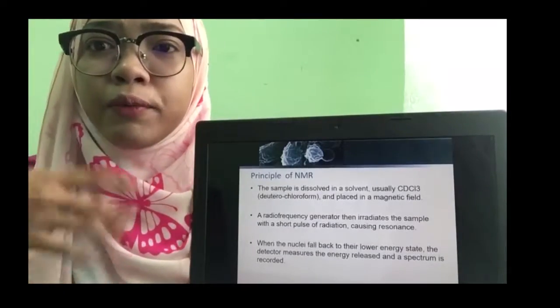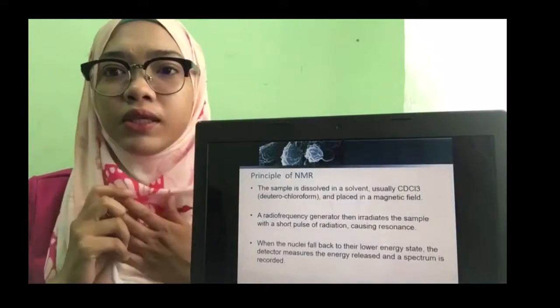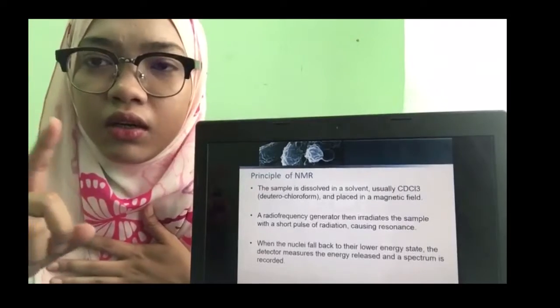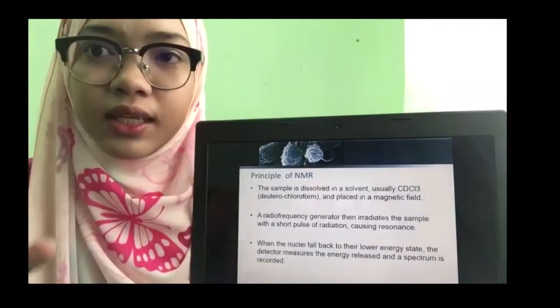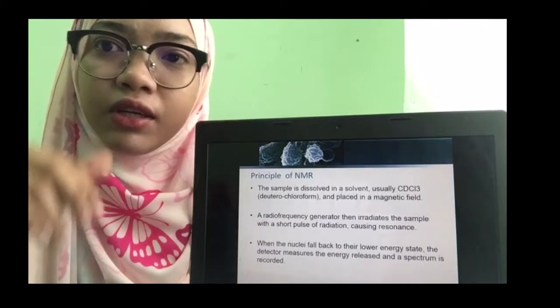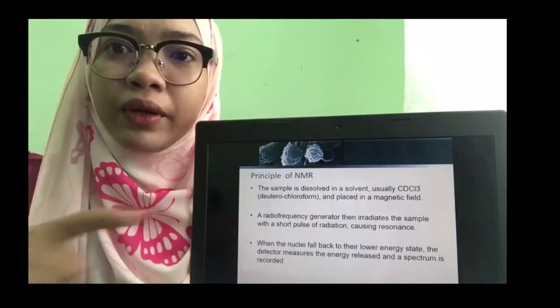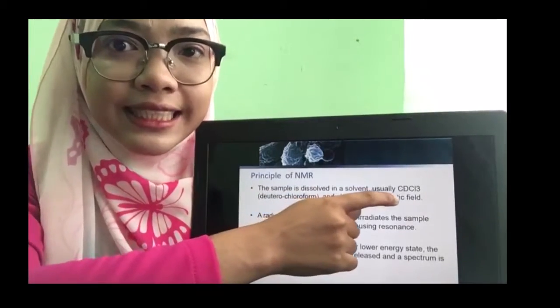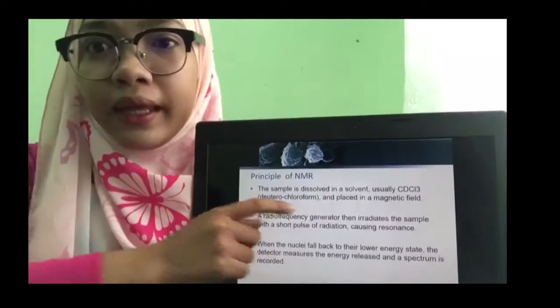Okay, next I will proceed to the principle of nuclear magnetic resonance. We must know first the principle of magnetic resonance. We must know that the solvent used, which is placed in the magnetic field in a sample tube, is deuterochloroform, CDCl3.